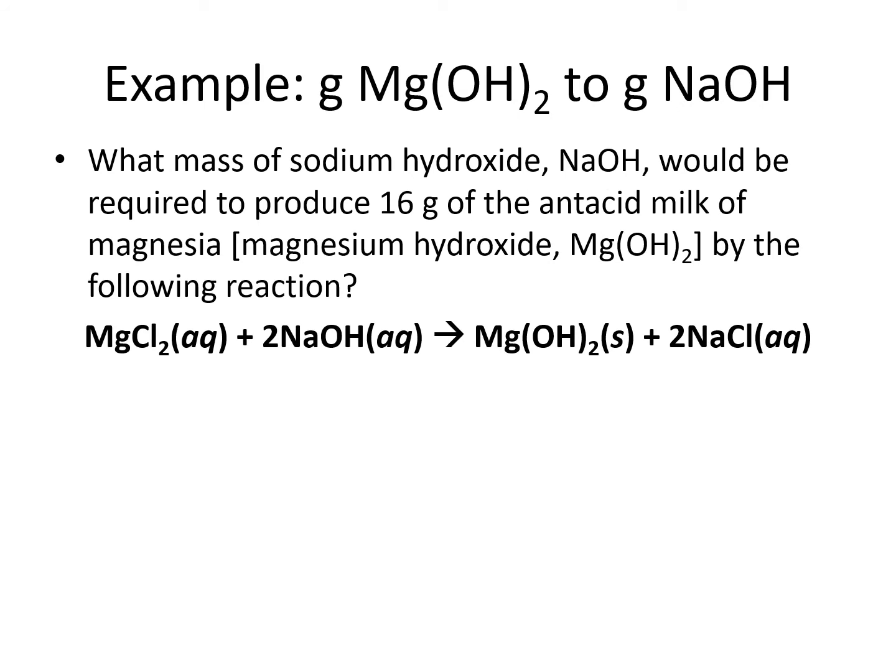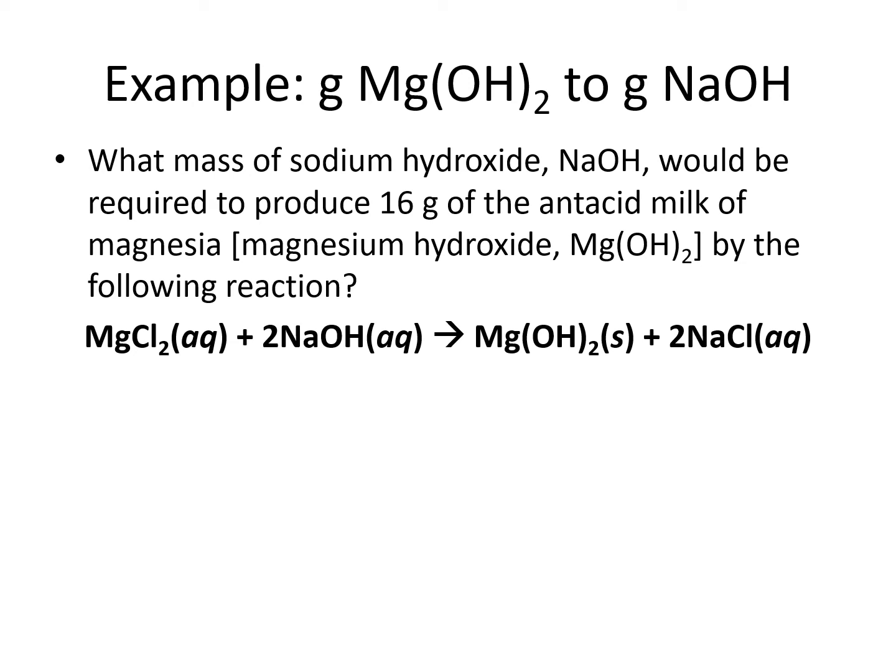Let's look at this example. We're trying to go from grams of magnesium hydroxide, which is actually one of the products, to grams of sodium hydroxide, which is one of the reactants. Again, it doesn't matter which side of the equation we're starting with or which side of the equation we're ending up with. We can go from any substance to any other substance as long as we do it through moles.